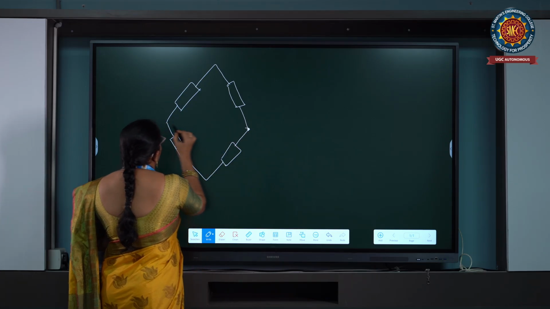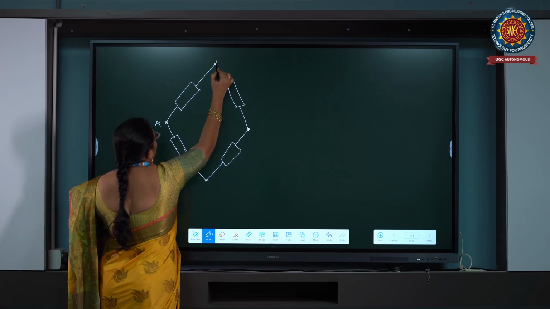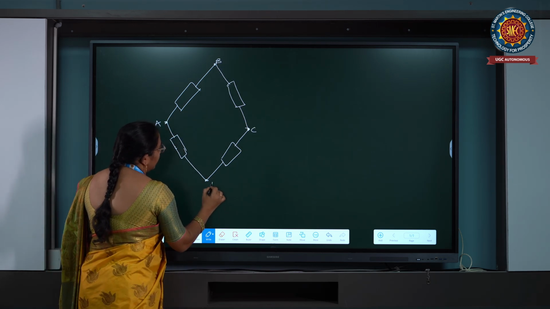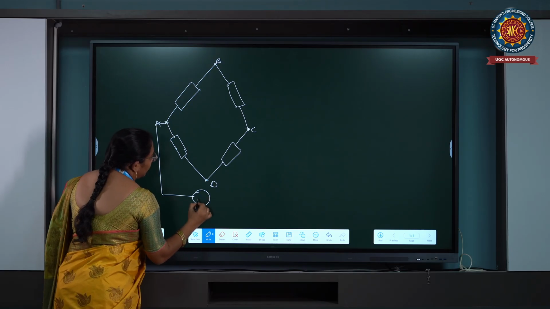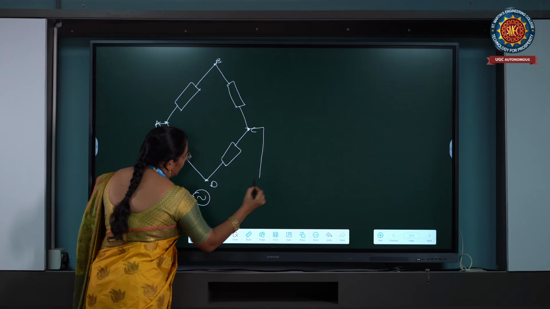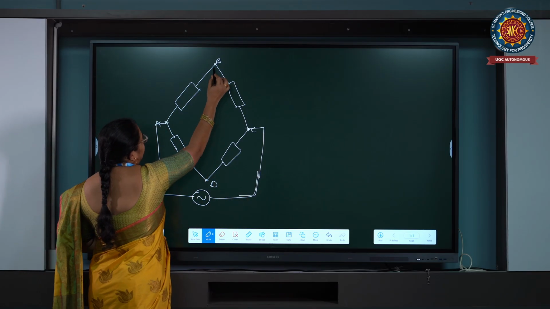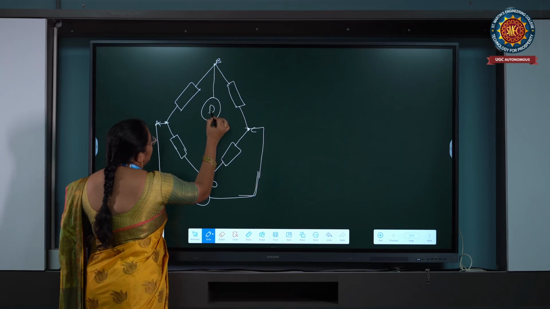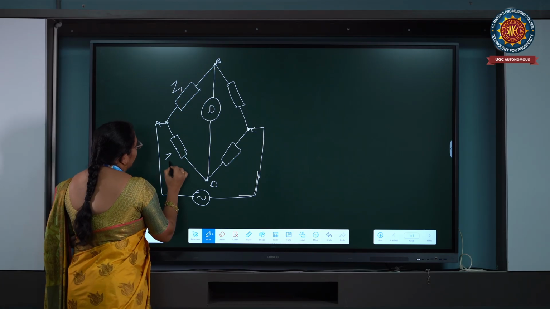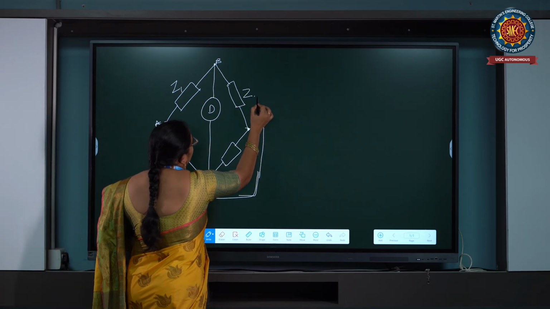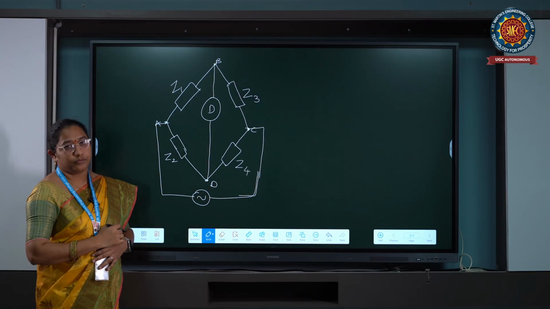I am considering the same four nodes A, B, C, D. I am connecting the supply to the A and C terminals, meaning between the A and C nodes, and connecting the detector between the B and D nodes. I am considering these as Z1, Z2 and Z3, and this one is taken as Z4.